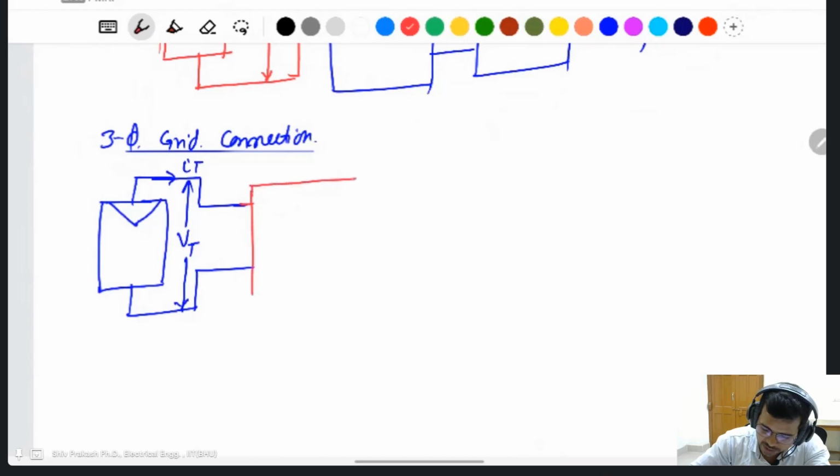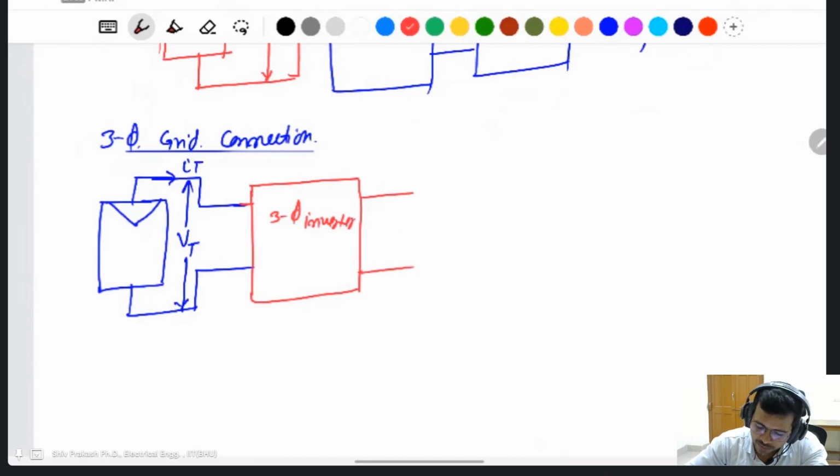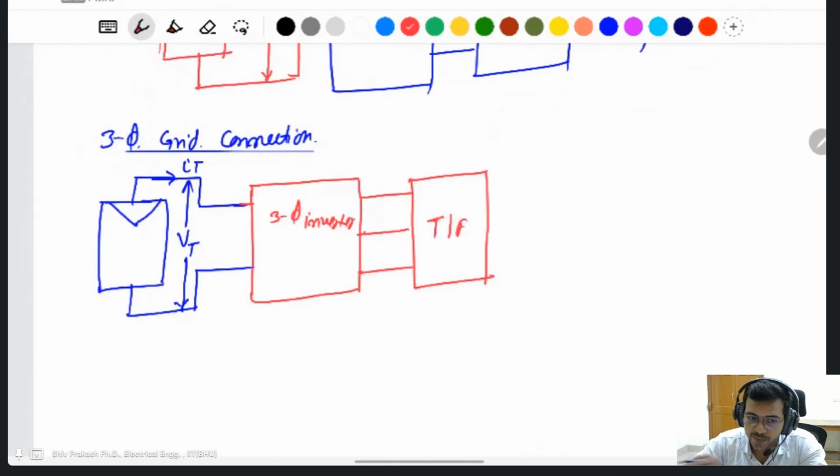There is an inverter. In a three-phase inverter, I have 6 switches, giving the three-phase supply. After that, you can connect a transformer to step up the voltage. Then this voltage is connected to the grid system.